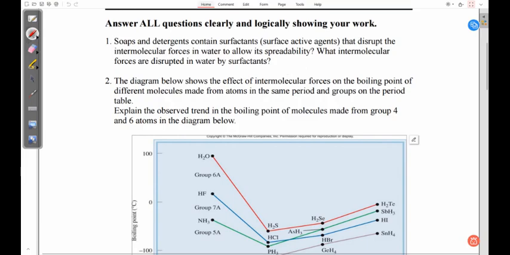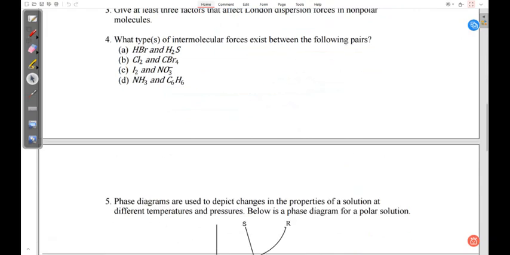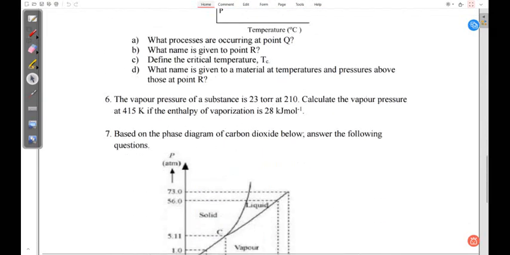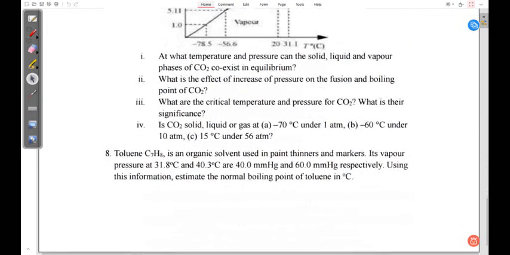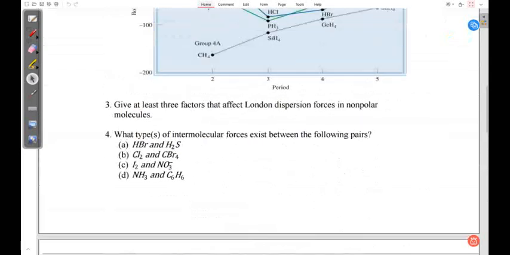What intermolecular forces are disrupted in water by surfactants? So these are the questions that we're going to answer in this video. You can see phase diagrams are part of the questions that we're going to answer. Altogether we're going to answer 8 questions.